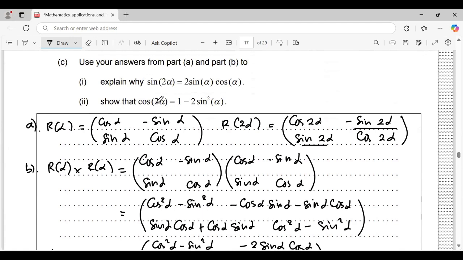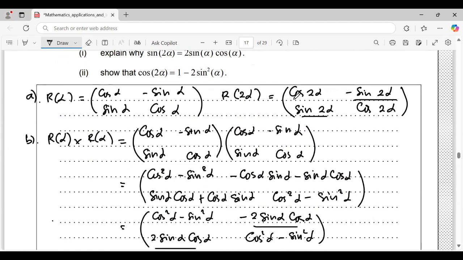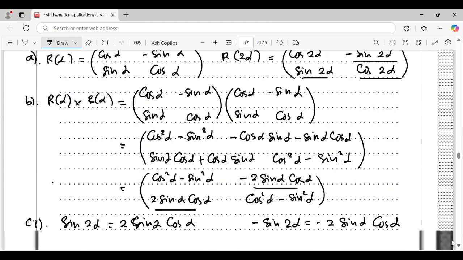Show that cosine 2 alpha equals 1 minus 2 sine squared alpha. Cosine 2 alpha equals cosine squared alpha minus sine squared alpha as well.